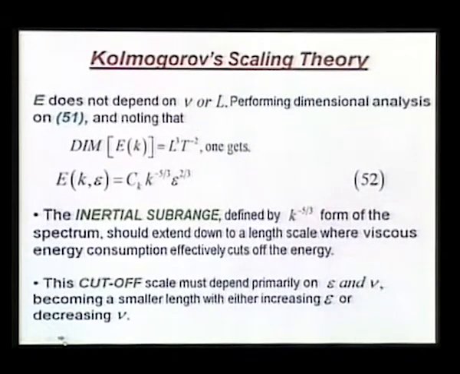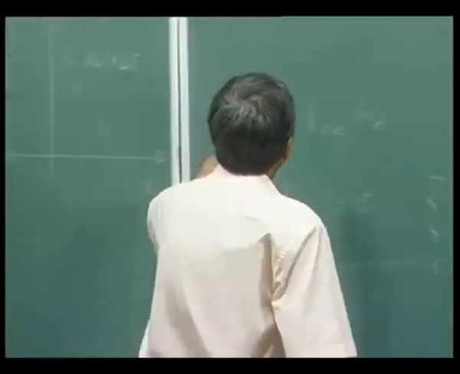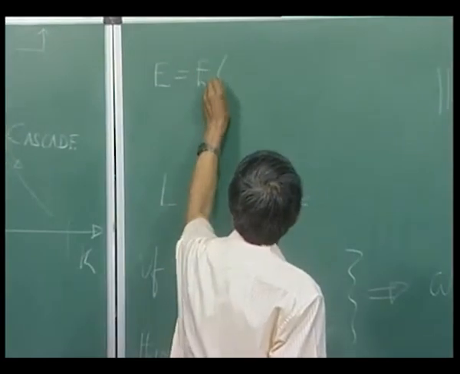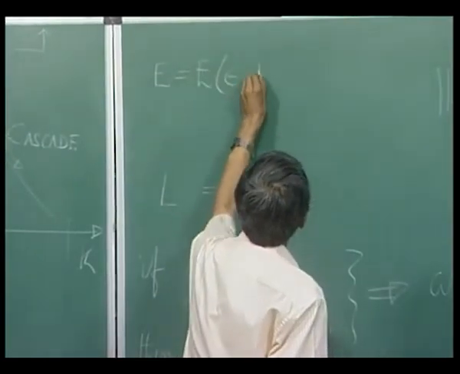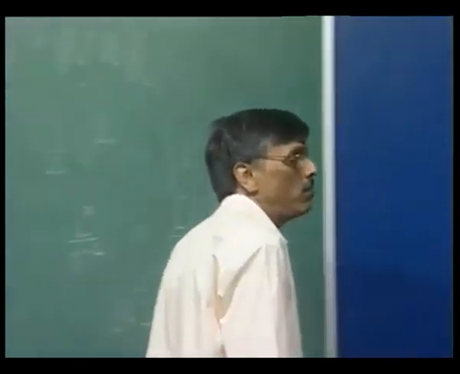Now, you have the dimension of E. We said that E is a function of epsilon, E is a function of k, right. So, we have already seen what is the dimension of epsilon, right.